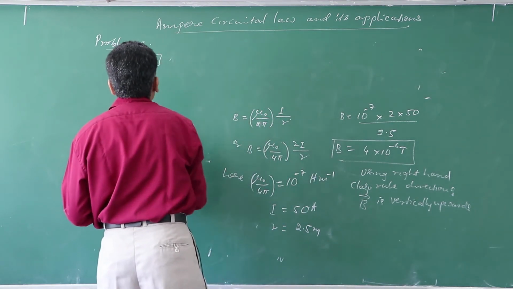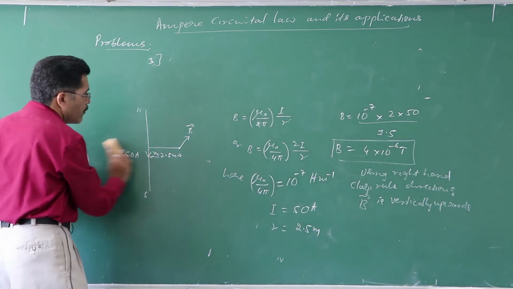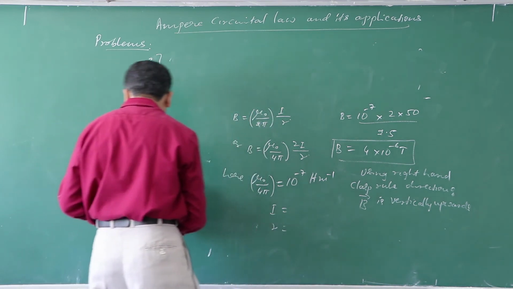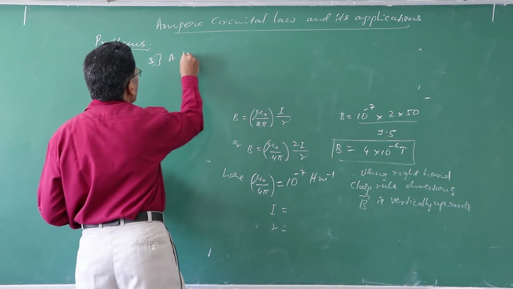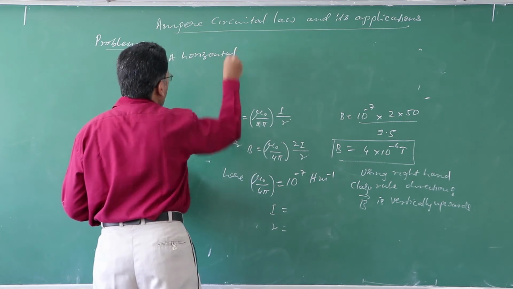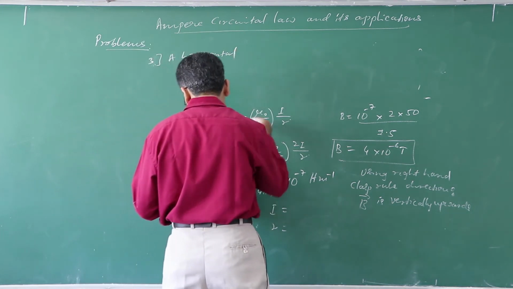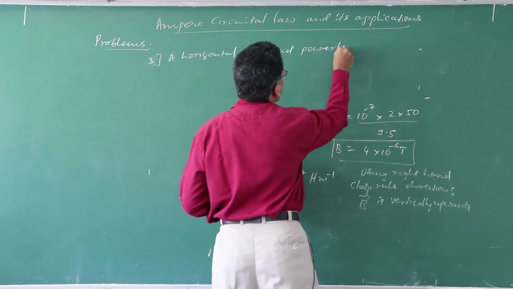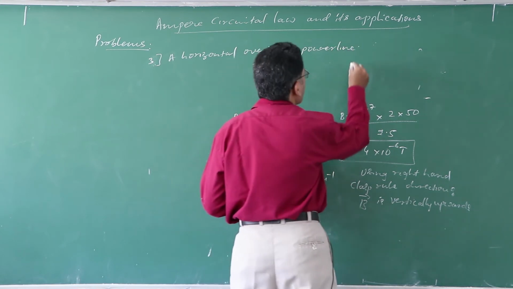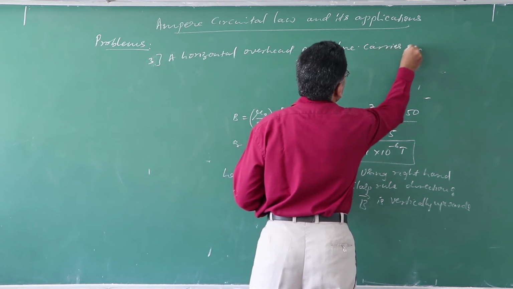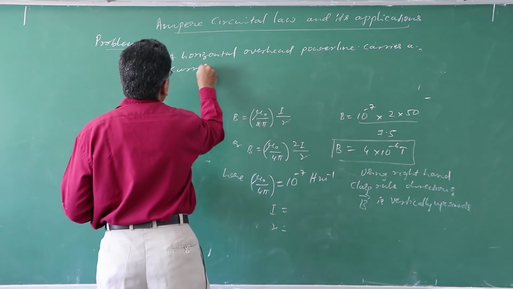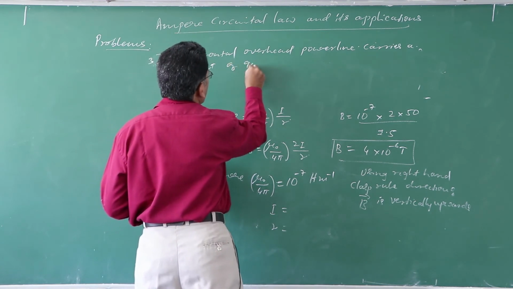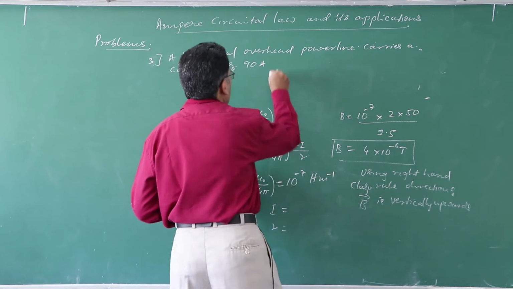Let us take the third problem. A horizontal overhead power line carries a current of 90 ampere in east to west direction.